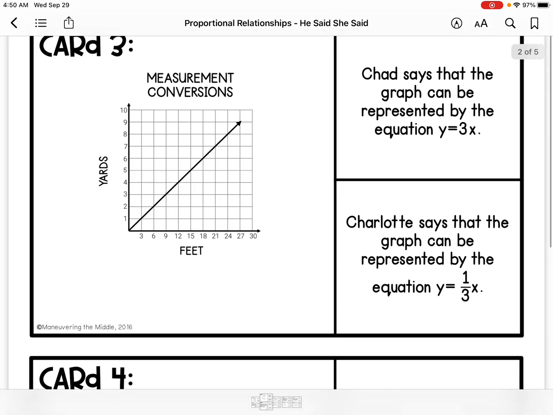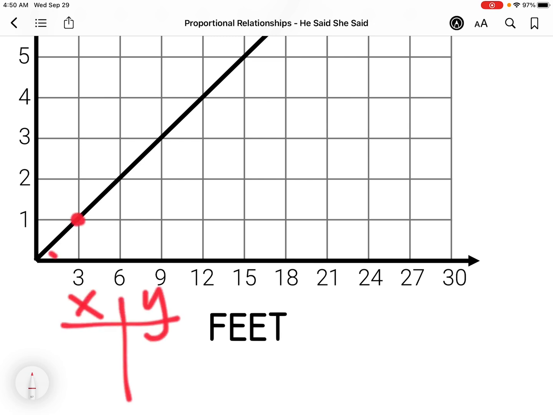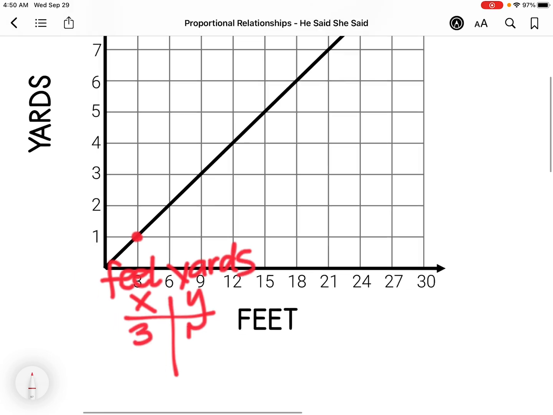All right, so this one says, Chad says that the graph can be represented by 3x. So I'm going to find a spot in the crosshair. I know I have x and y, so that's my feet, and this is my yards. I have 3, 1.